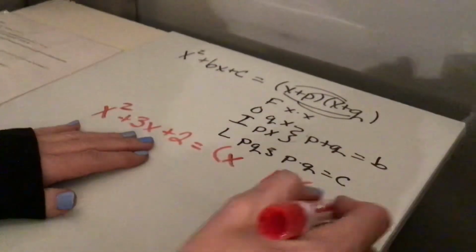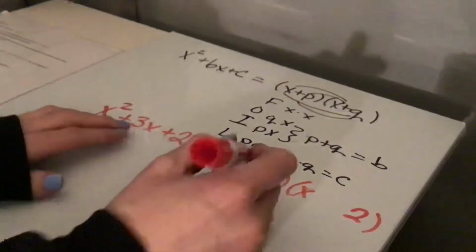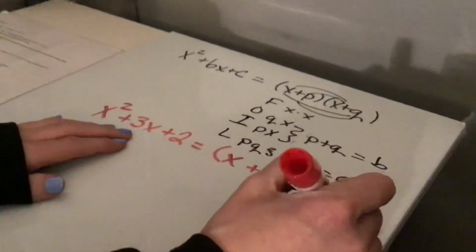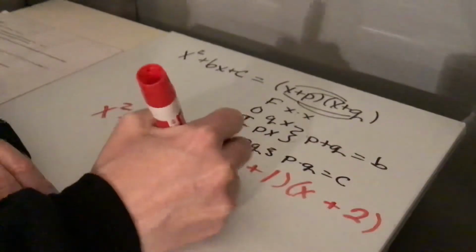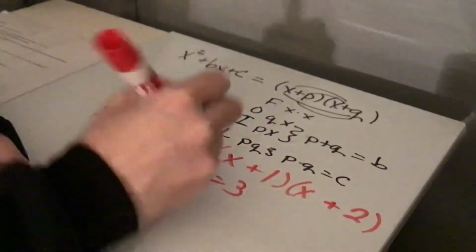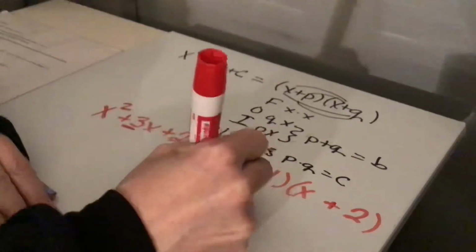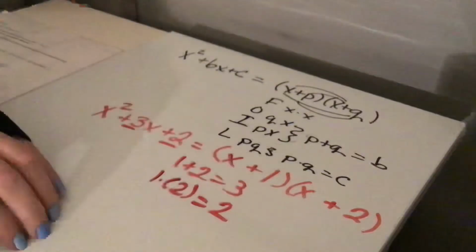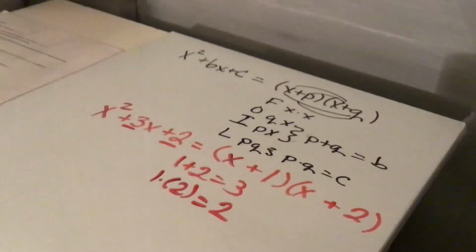So 1 times 2 is 2, but 1 plus 2 is 3, which is this number, and 1 times 2 equals this number, okay? So factors of the constant that add up to the middle term, okay?